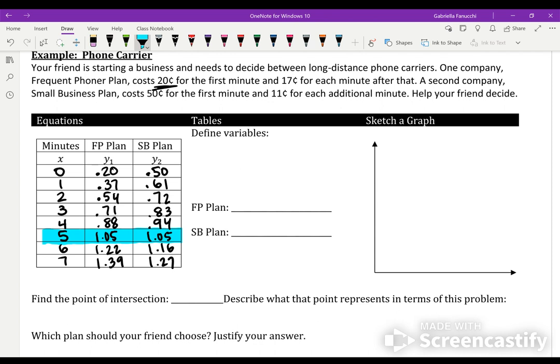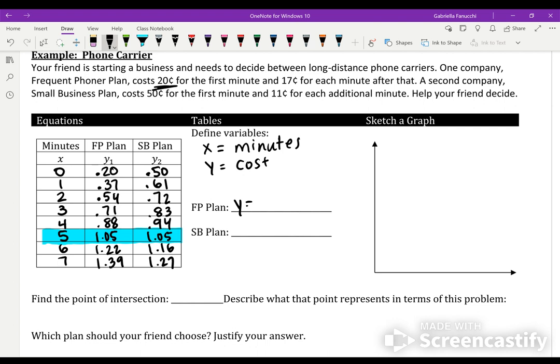Okay, so now we're going to define the variables. My x is going to be the minutes, and my y is the cost. We're going to do our equations in slope-intercept form.